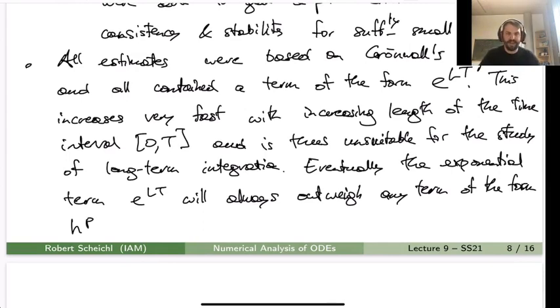So we can take as high an order method as we want and as short a time step as we want. The exponential term will always grow faster.